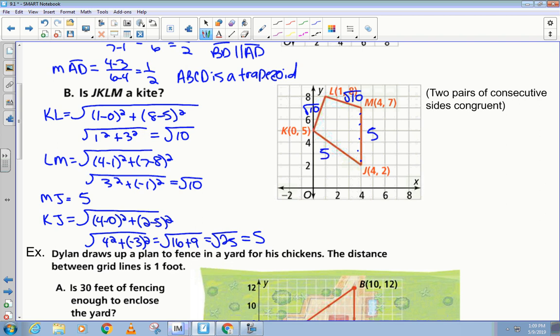Yes. We got two consecutive pairs of sides congruent.